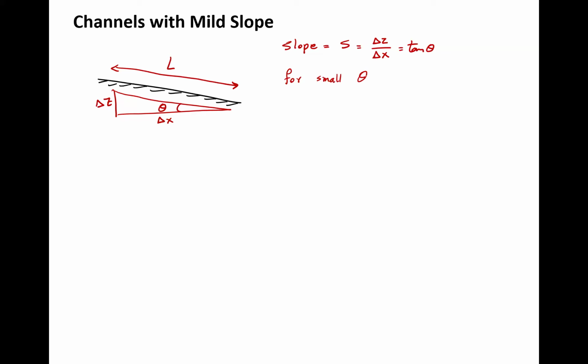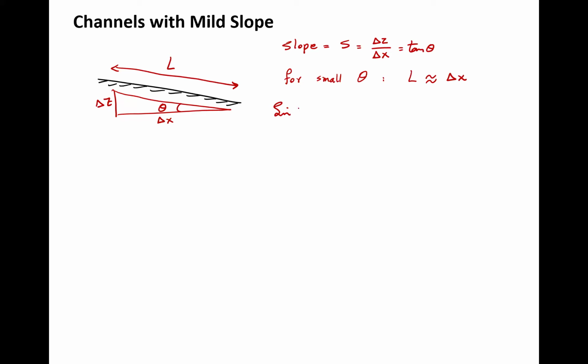If theta is relatively small on my sketch, we can assume that the length of the channel is almost equal to the distance in the x direction. They're not exactly equal, but they're very close if theta is small. Okay, that's good. So let's go back. Sine of theta. Let's look at sine of theta now.